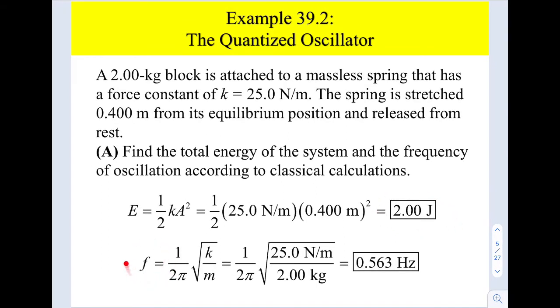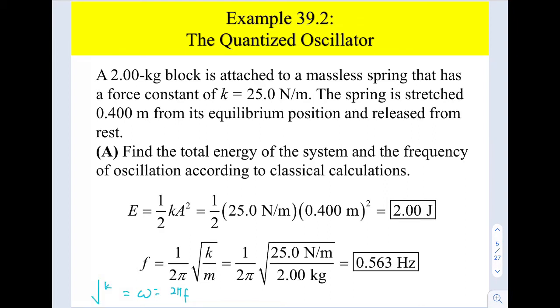Right? And frequency is equivalent to omega over 2 pi. And what is our omega? It is equivalent to the square root of K over M. This is the original, if you still remember, right?